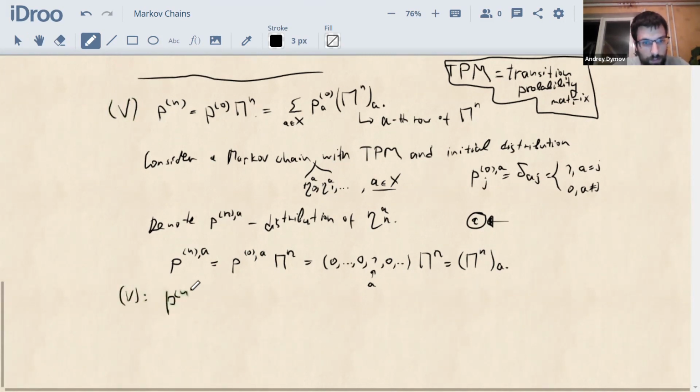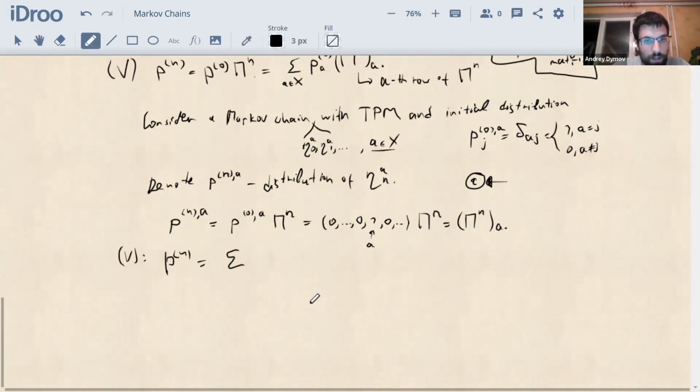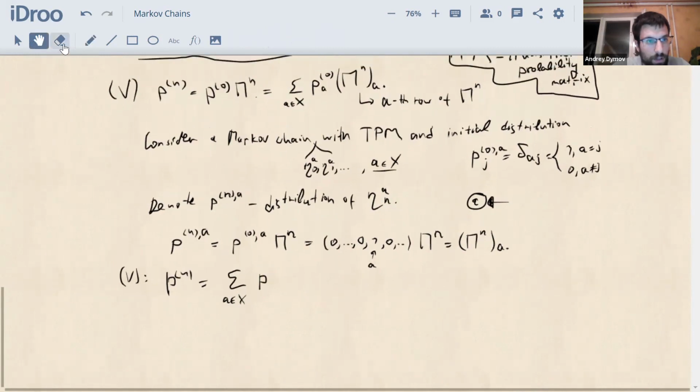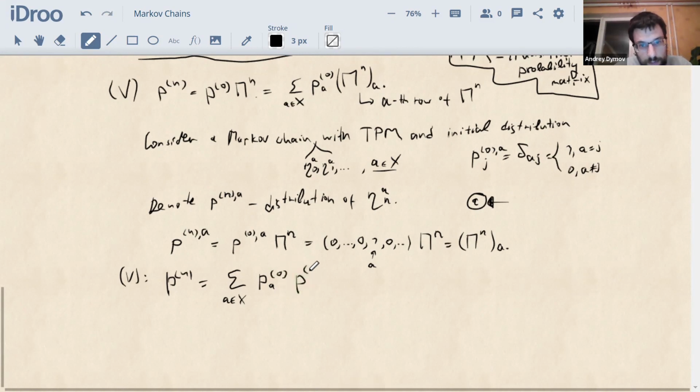So look, and then let us look here. From the last equality, we get that this PnA is just the distribution of my Markov chain with initial condition where I'm starting at the position A. So I can write this formula as the sum over all A of pi 0 of A times the distribution of my new Markov chain with the initial condition A. So this is a vector, and this is just a number.